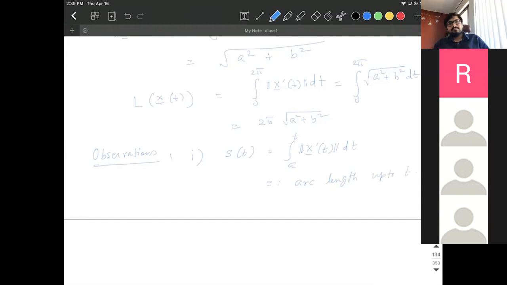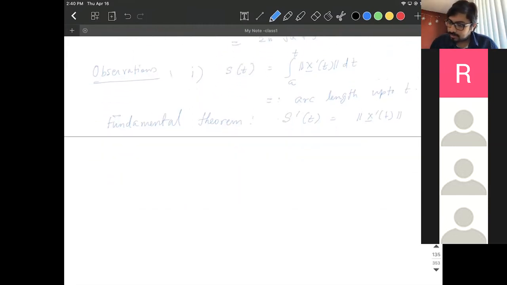So it's a function of t. And from the fundamental theorem, we have s prime of t equals the norm of x prime of t, or the derivative of the norm, rather. Okay, so that's the first one.